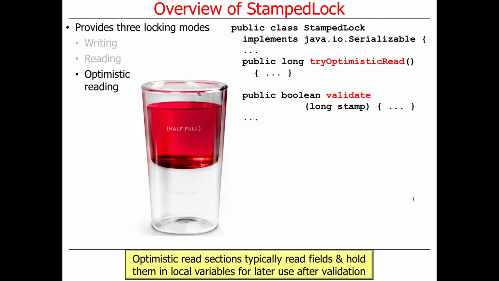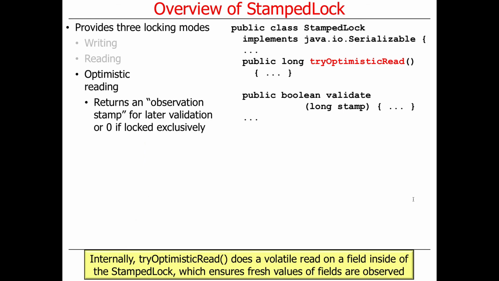As we'll see here, we typically use optimistic reads for fields, and we're going to store the values of the fields in local variables. I'll talk about why we put them in local variables in a second. The main reason is that they're not contended, so you can have a read-only copy of something. And then we'll use those local variables for validation after we're done with our critical section. That probably made no sense whatsoever, so I'll explain it better.